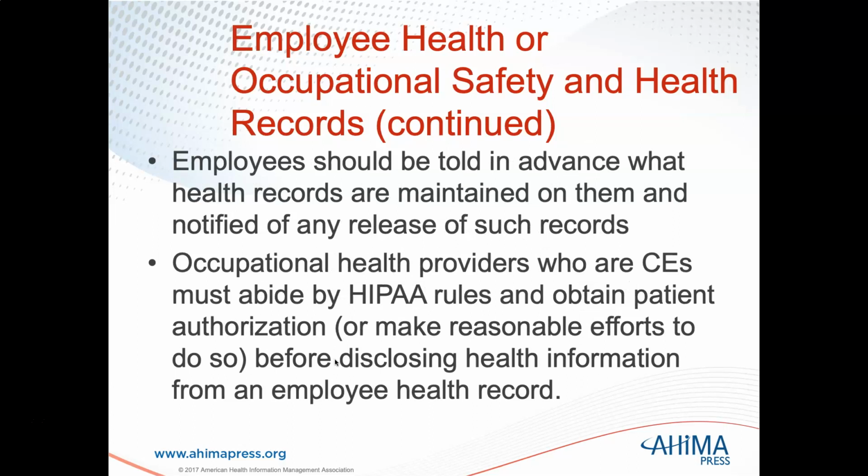Employees should be told in advance what health records are maintained on them and notified of any release of such records. Occupational health providers who are covered entities must abide by HIPAA rules and obtain patient authorization or make reasonable efforts to do so before disclosing health information about an employee or from their health record.